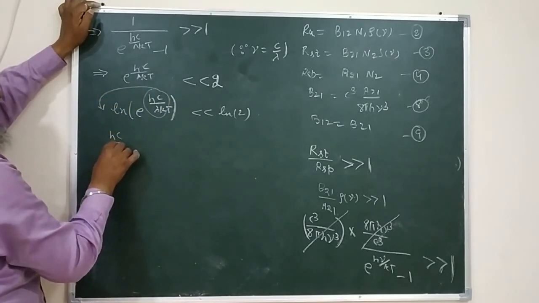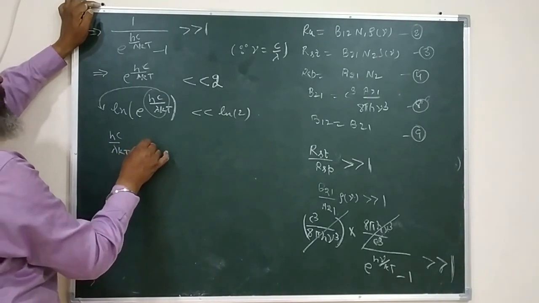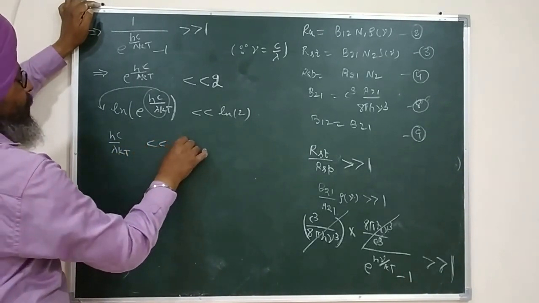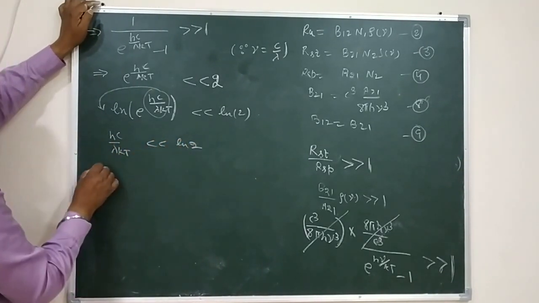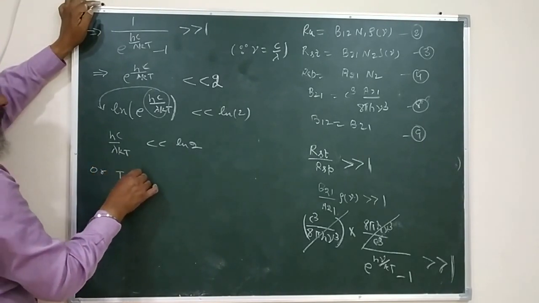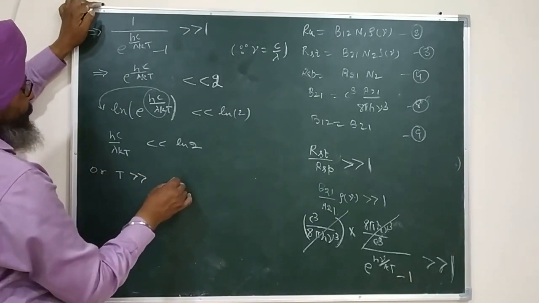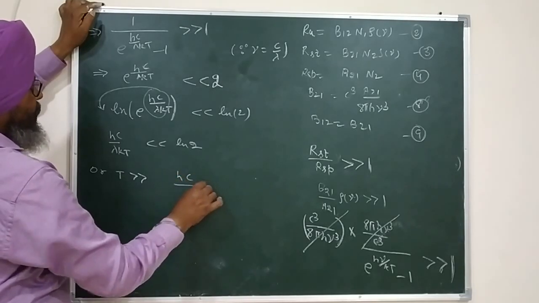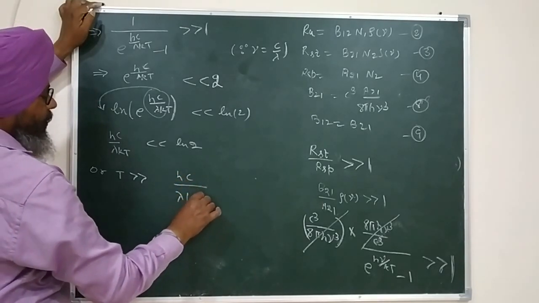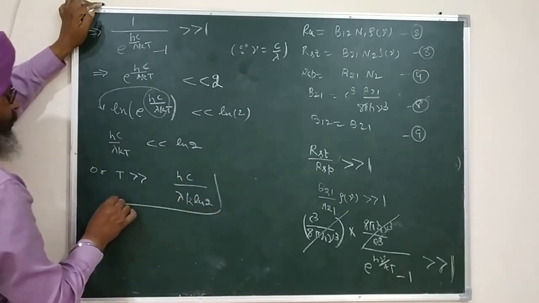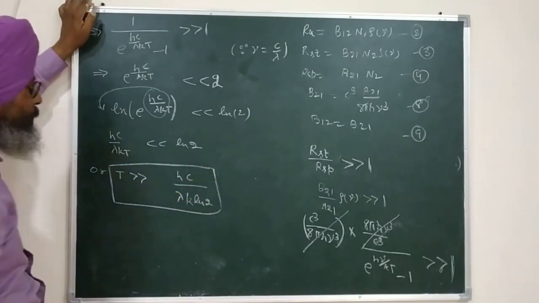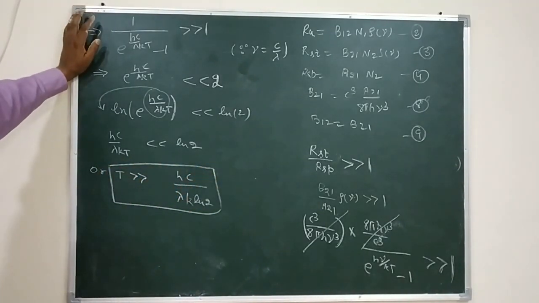So hc by lambda kT will be much smaller than log 2, or we can write that T must be much greater than hc upon lambda k log 2. So this is the condition. This is the temperature that we require for stimulated emission to dominate over spontaneous emission.